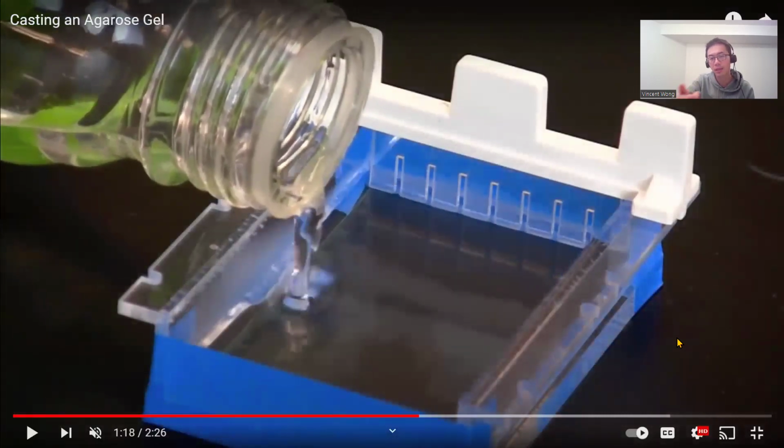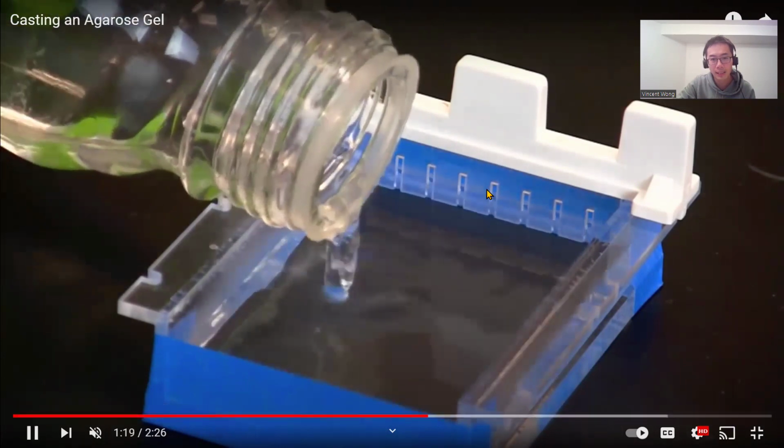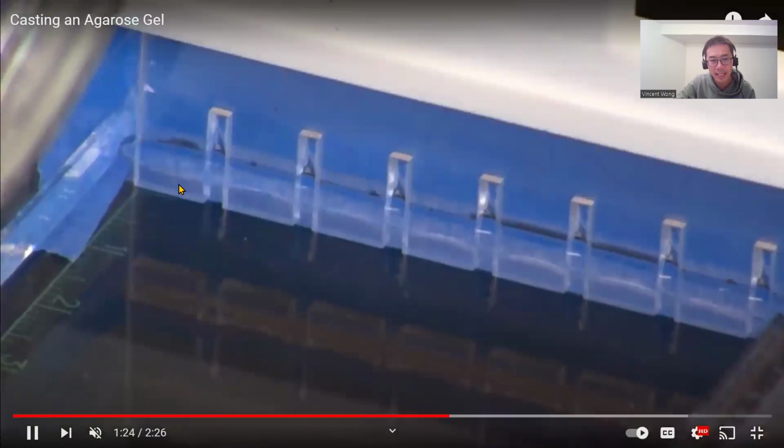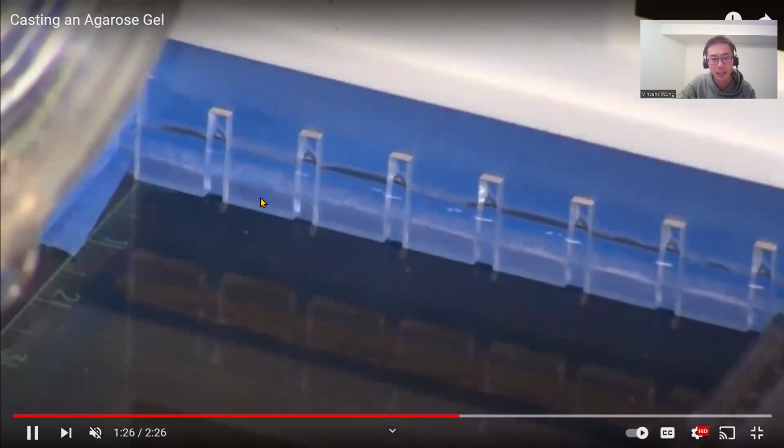This is called agarose gel. It comes in a powder form, and then you add some buffer solution to it, and then you microwave it for like 1 minute, which helps dissolve the powder. Then you pour it into the cast here, and then there's the comb. The comb is going to make little indentations in the gel.